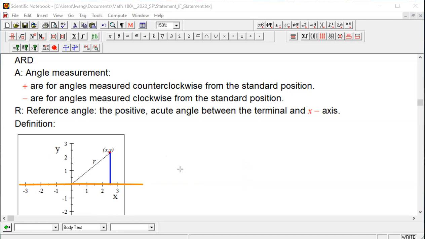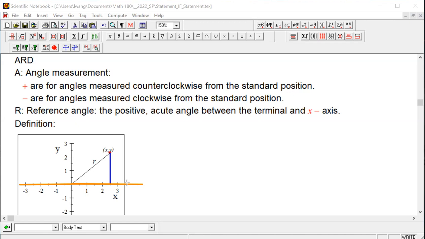So what are those angles? Because our question is from D to find A. We're looking for the angle because x is following sine, and whatever follows sine is an angle. Angles are always measured from the standard position.